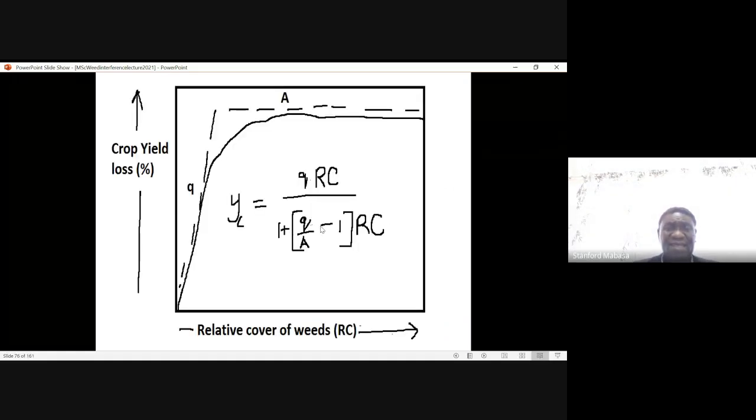And this can be plotted, where you have the crop yield loss versus the relative cover, and you have this equation where you substitute relative leaf area with the relative cover.